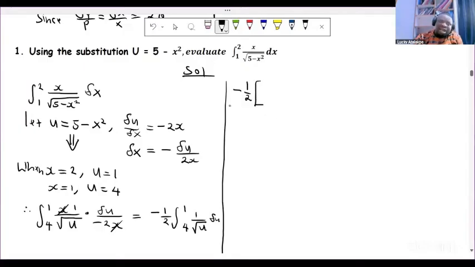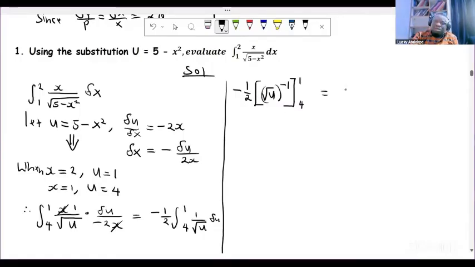So this is negative 1 over 2. Open a bracket like that. So 1 over the square root is the same thing as saying u to the power of minus 1. Are you with me? Then the limits, 1 and 4, will be there. Now, square root can be written as u to the power of half.